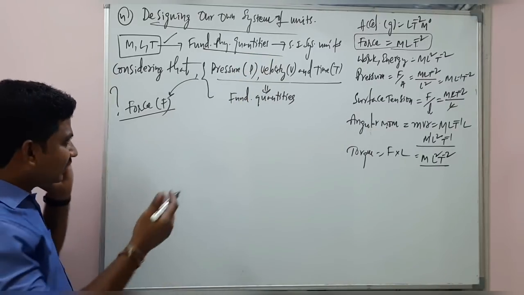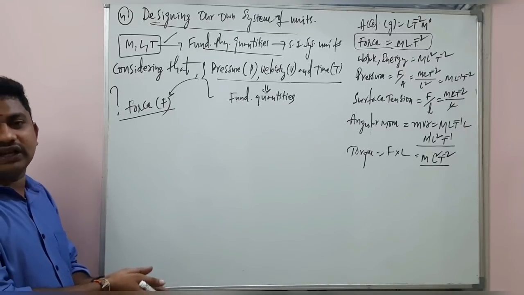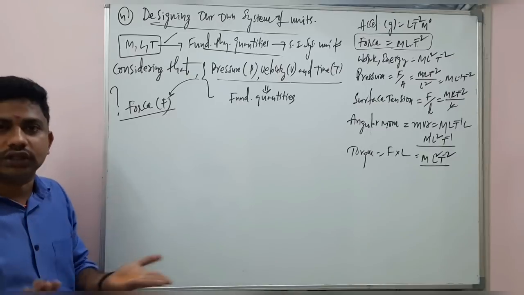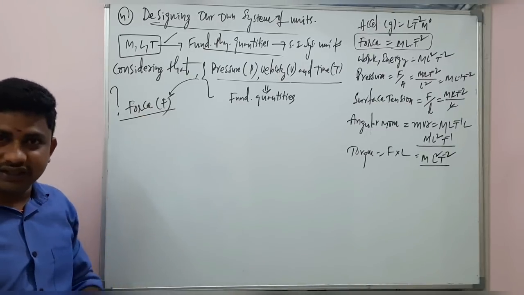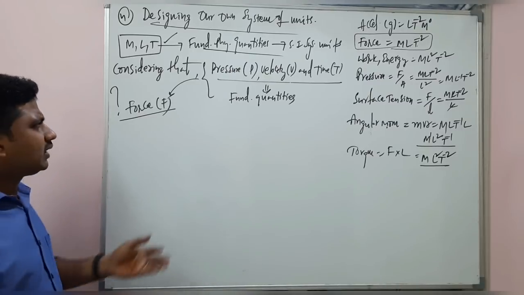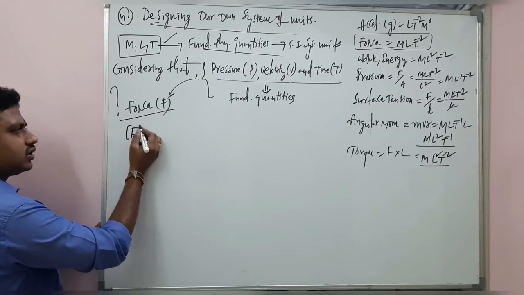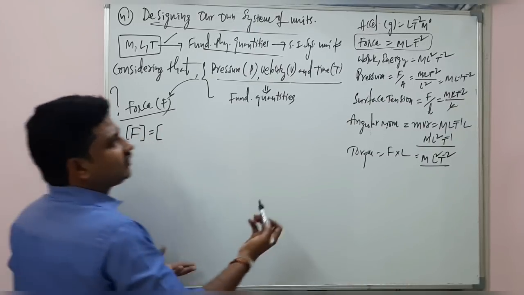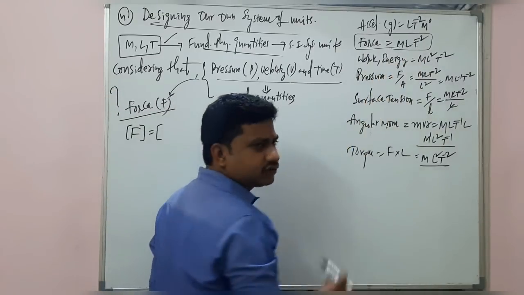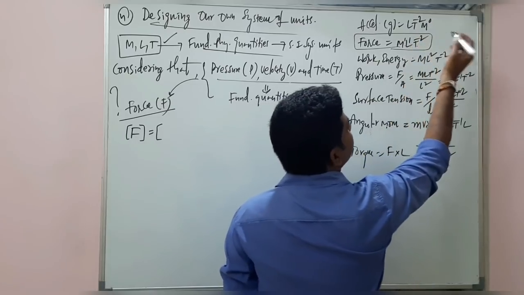So the basic step you should follow, like in the previous application, is deducing the relation among the physical quantities. Yes or no? Same condition, so the step you should not forget. The dimensions of the force are M^1 L^1 T^-2, right?